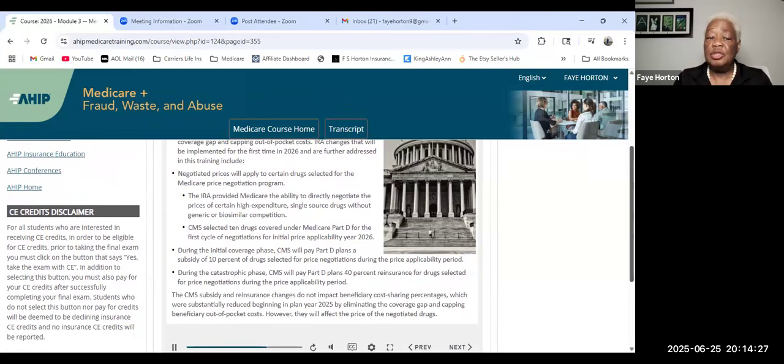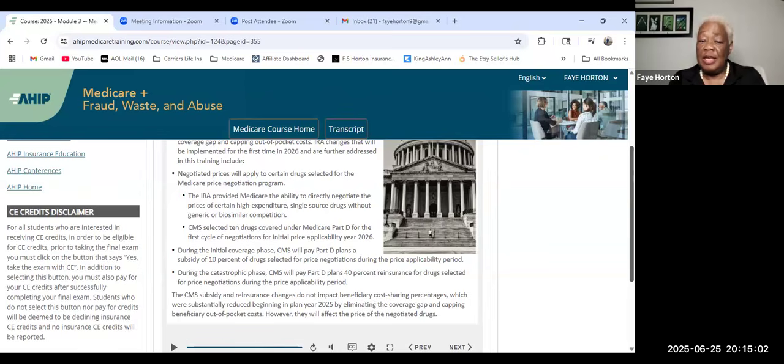The Inflation Reduction Act provided Medicare the ability to directly negotiate the prices of certain high expenditure single source drugs without generic or biosimilar competitions. CMS selected 10 drugs covered under Medicare Part D for the first cycle of negotiations for initial price applicability year 2026.